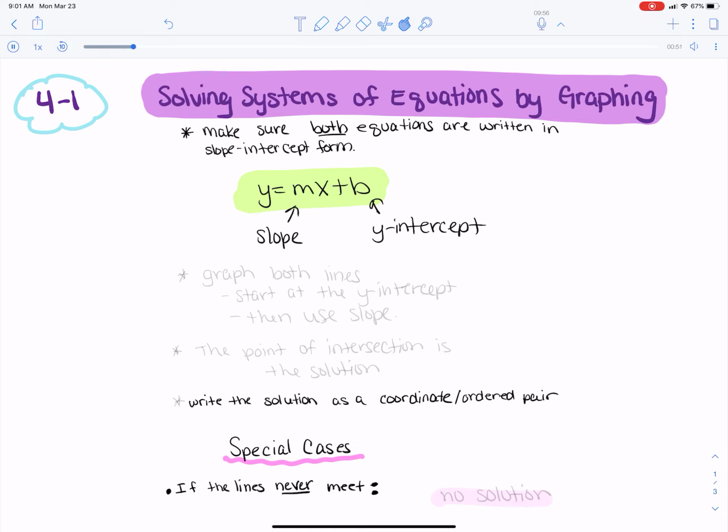Alright, so once both of your equations are in slope-intercept form, we're going to graph both lines, and you want to start at the y-intercept when we're graphing, remember? So the y-intercept is our starting point, and then from the y-intercept, we use slope.